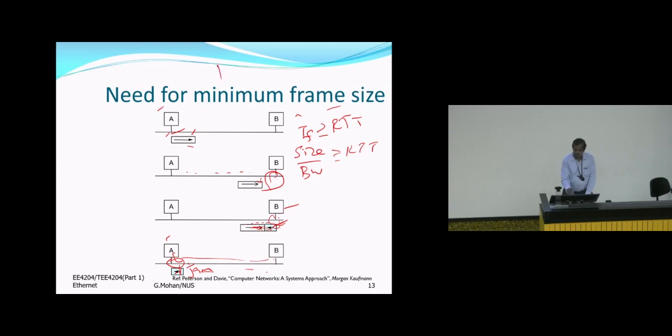Now let's say the bandwidth is 10 Mbps, which was the first Ethernet standard. In that case, size should be 10 multiplied by 10 power 6, that is 10 Mbps, multiplied by RTT. The longest possible RTT in an Ethernet is bounded by 51.2 microseconds.